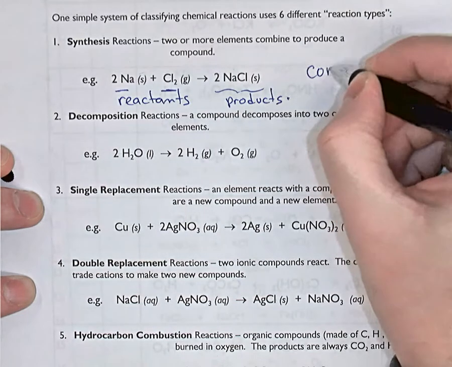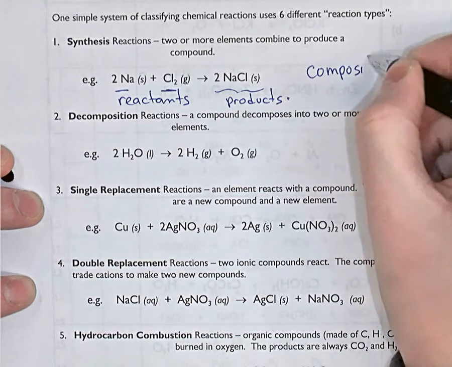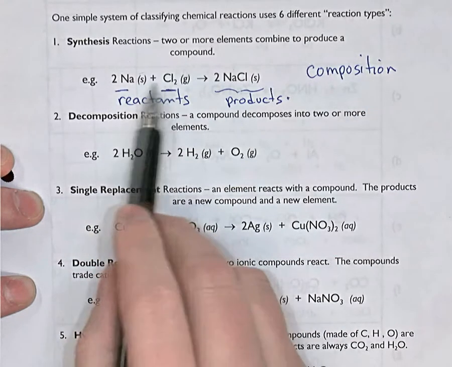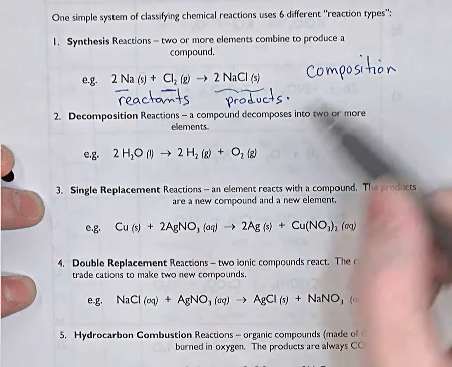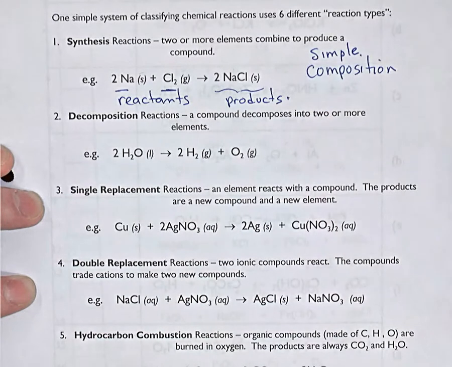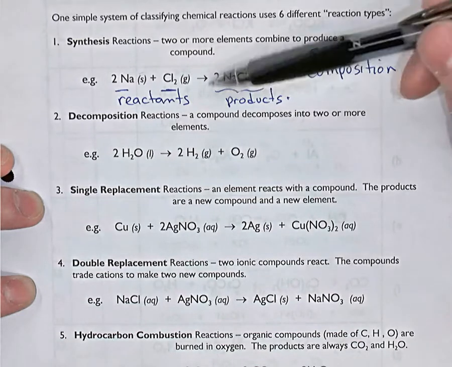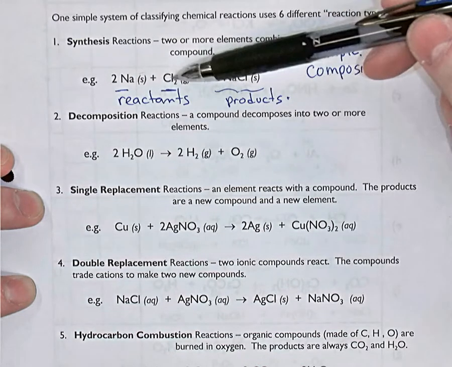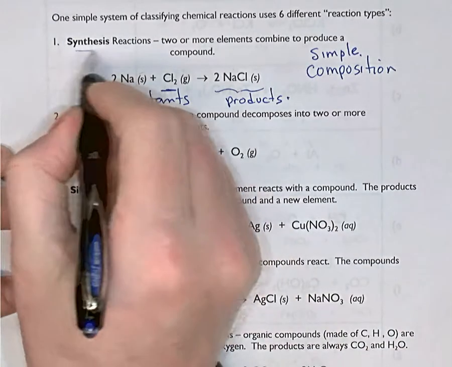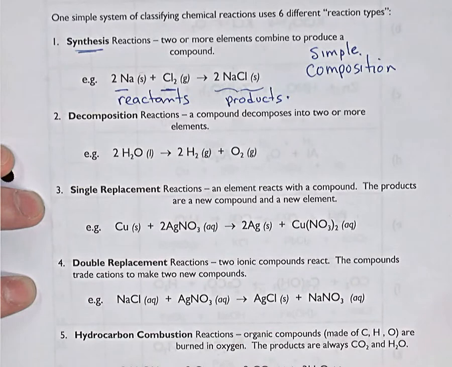Sometimes they're called composition reactions. And if the reactants are all elements, like we see here, then sometimes they're referred to as simple composition reactions. So when you have only elements combining to make a compound, that's a simple composition reaction. Or you can simply call it a synthesis reaction.